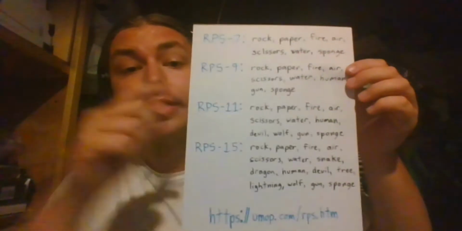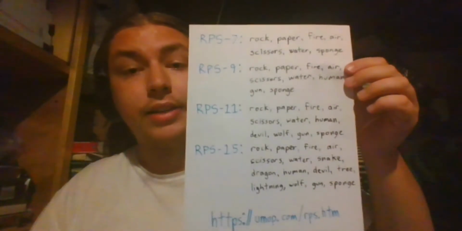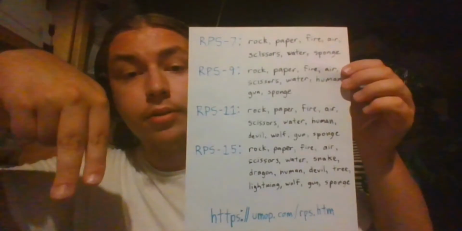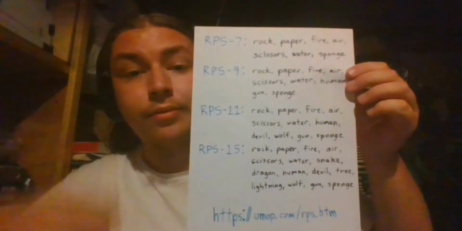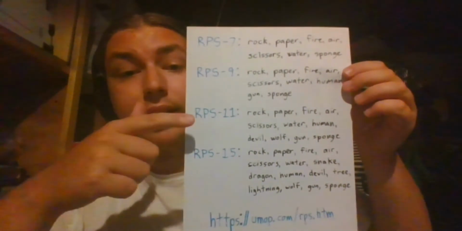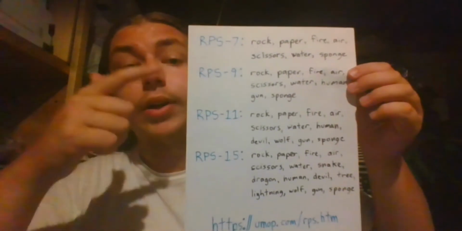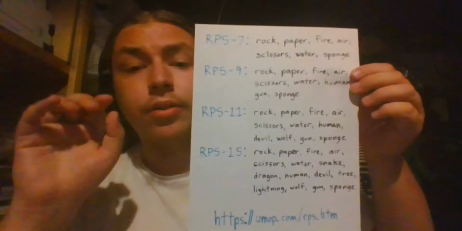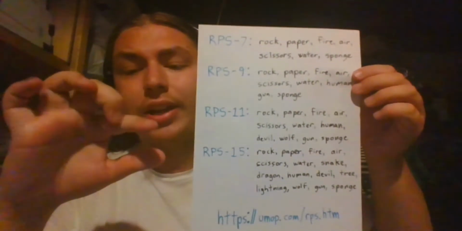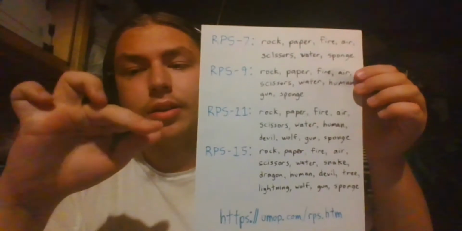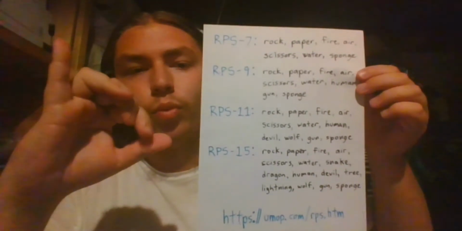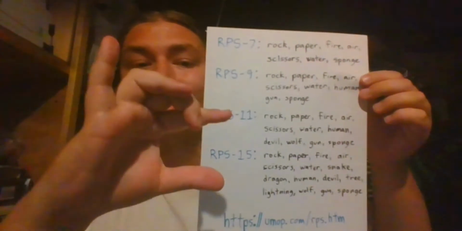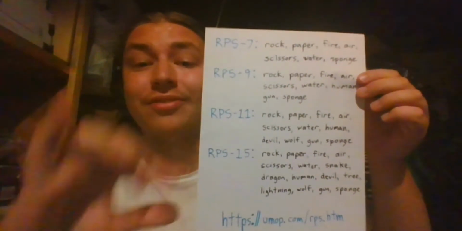And for his 9 game, he takes the last game and he also adds the signs for human and gun. For rock, paper, scissors 11, he takes the ones from 9 and adds devil, and this is a really hard one to do, excuse me. Wolf. There we go. You can see that. That's the wolf.